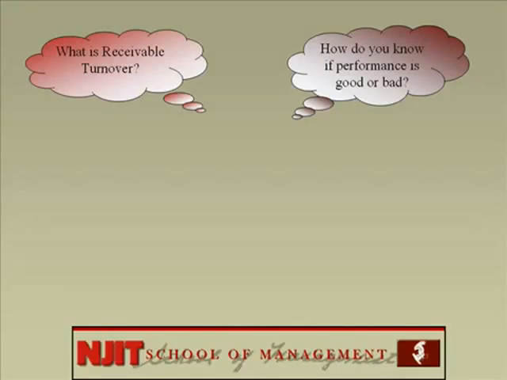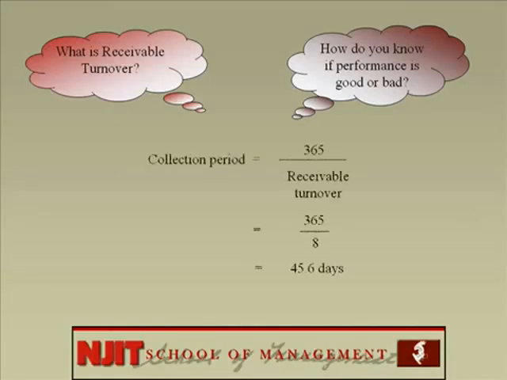What you have to do is also look at a ratio called collection period. Collection period equals 365 divided by receivable turnover ratio. Let me repeat, 365 divided by receivable turnover ratio. Why 365? Because there are 365 days in a year. So let's do it.